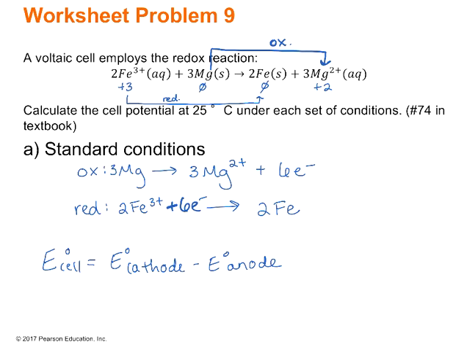Okay, so let's look up the potential values for each half reaction. All right, so for our magnesium half reaction, the E value is negative 2.37. And for iron, it is negative 0.036. All right, so again, just quick question. Is the oxidation half reaction at the anode or the cathode?